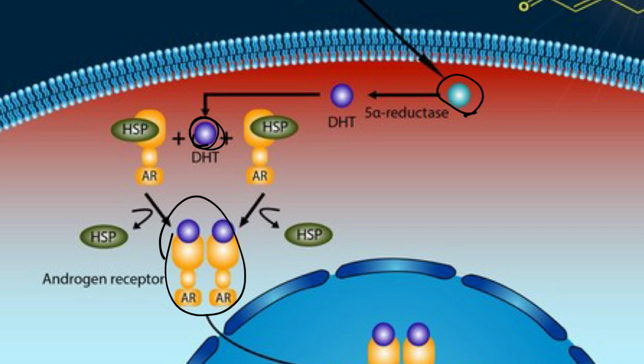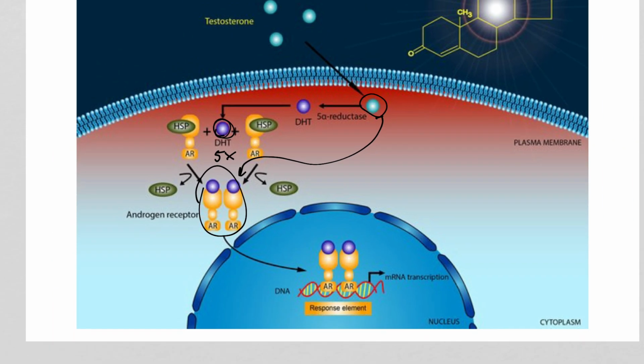The testosterone itself very easily could also bind to androgen receptor, but it has significantly lower affinity. The DHT just binds with about 5x the strength that testosterone does, but the end effect is the same.